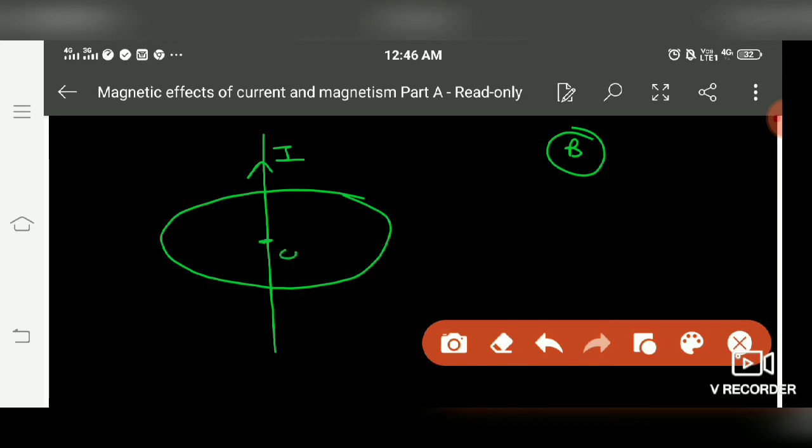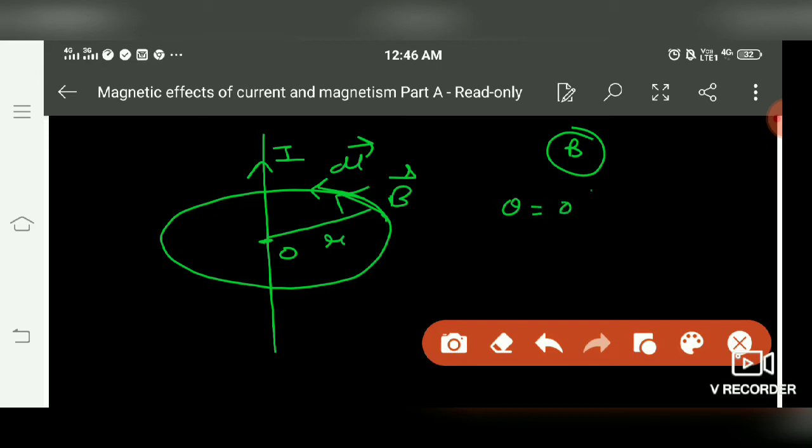Let this be the center of the wire, and let the distance be R. As current is in the outward direction, the magnetic field is in this direction. If you put your thumb along the current, B is rolling inside the paper. Again we take a small current element, say dl. This is also in this direction, so the angle between these two is 0.